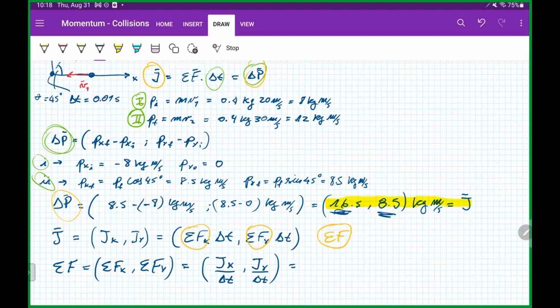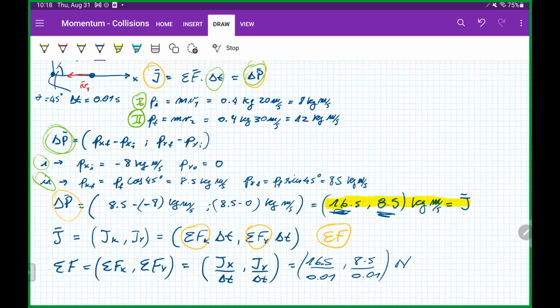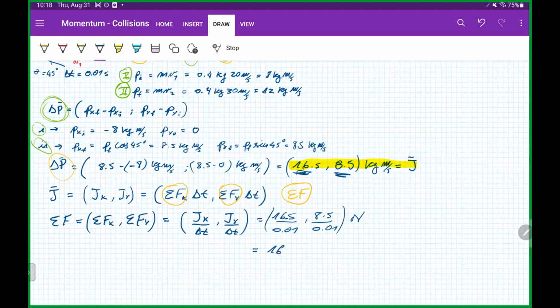So we have impulse over time. So that's 16.5 divided by 0.01, 8.5 divided by 0.01 newtons. And that's 1,650 and 850 newtons.